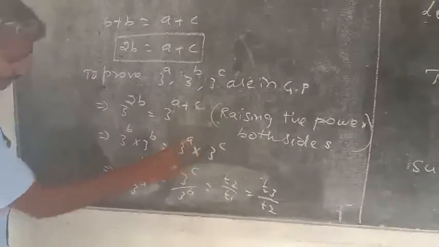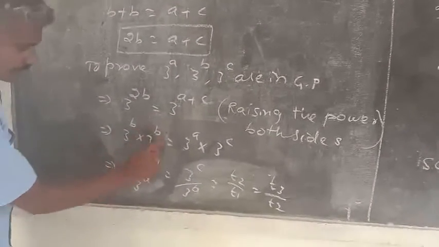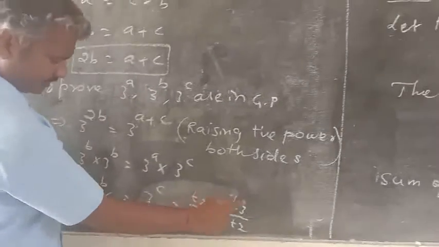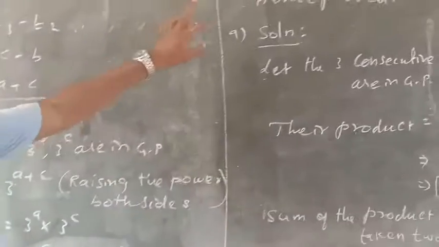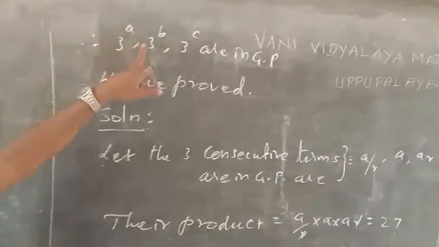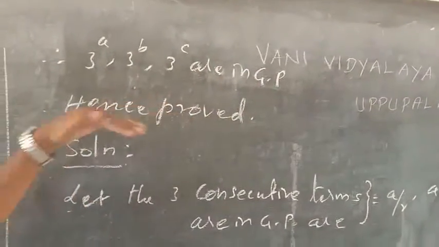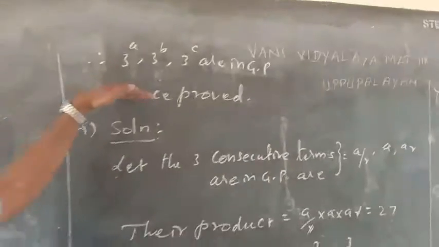This one multiple convert to that side divide. This one multiple convert to that side divide. So T2 by T1 is equal to T3 by T2. Therefore 3 power A, 3 power B, 3 power C are in GP. Hence proved.